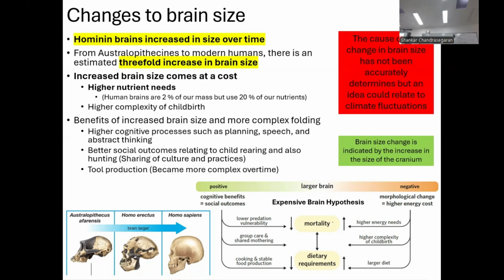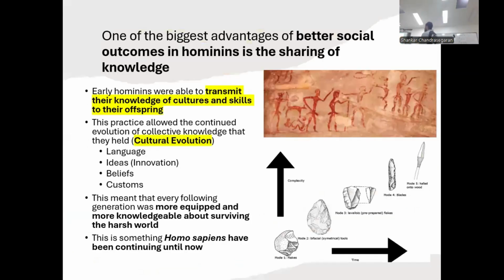that only became more and more complex over time due to another benefit of the social outcomes, which is the sharing of cultures and practices. So that one idea, sharing of culture and practices, was instrumental in the development of better outcomes for humans, specifically in the sense that, think of it like this, over time, we were able to share knowledge of how to do things better to every generation that emerged, right?